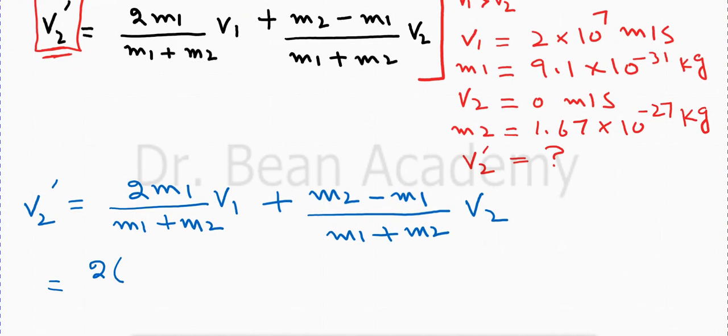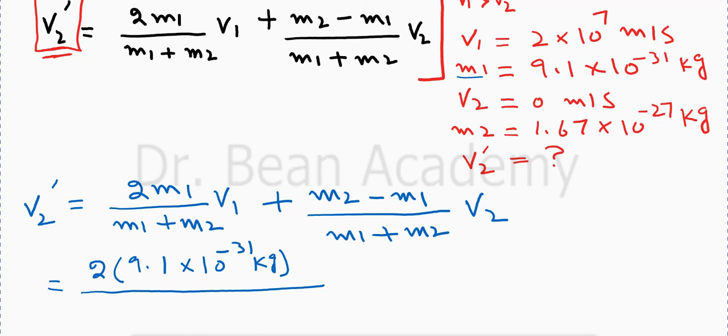So 2 times mass m1 is 9.1 × 10^-31 kg, and then I need to add both masses. So m1 is 9.1 × 10^-31 kg plus mass m2, the mass of the hydrogen atom, which is given as 1.67 × 10^-27 kg.